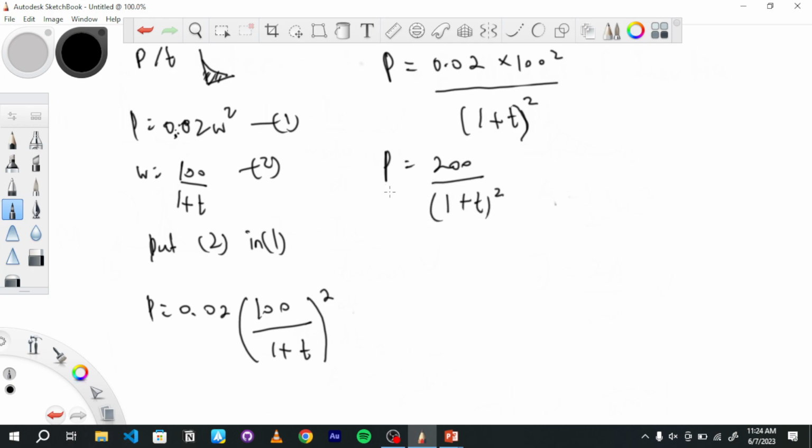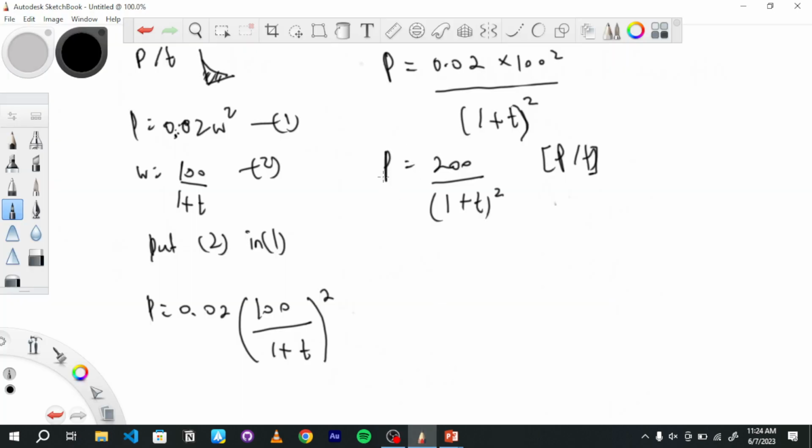Now this is a function of what? P against time, right? And we said that if I'm able to find a function of P against time, then the area under this function will give me the kinetic energy.